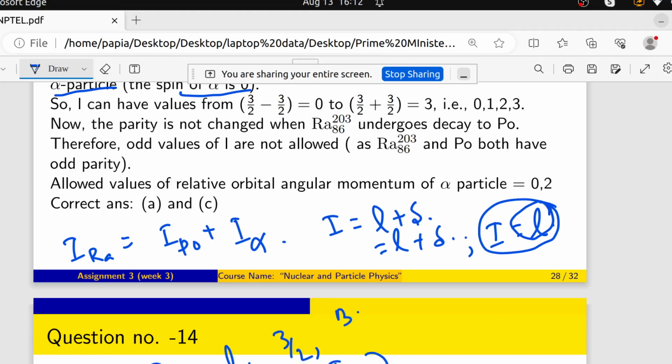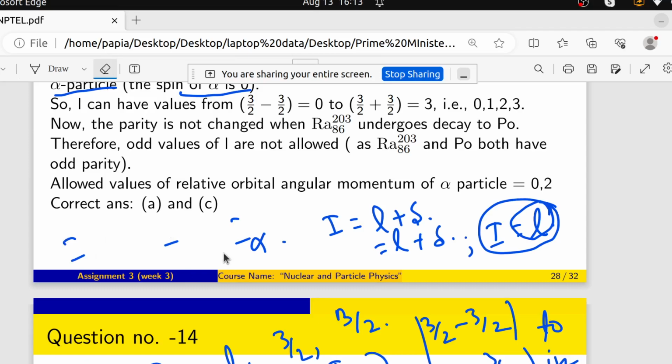Again I of PO was 3/2. So what are the possible values of L alpha? L alpha has possible values from 3/2 minus 3/2 to 3/2 plus 3/2 in steps of 1.